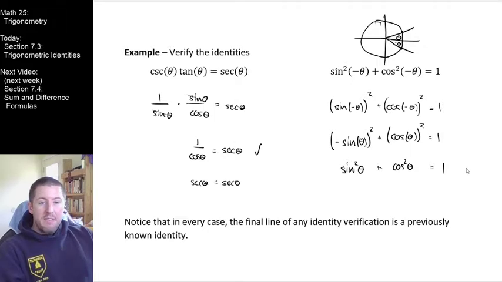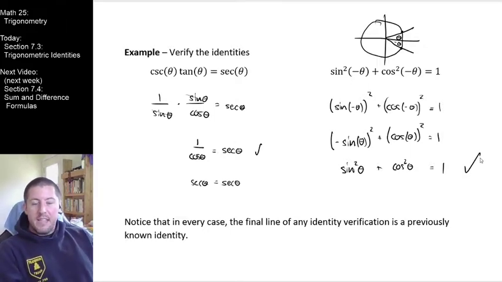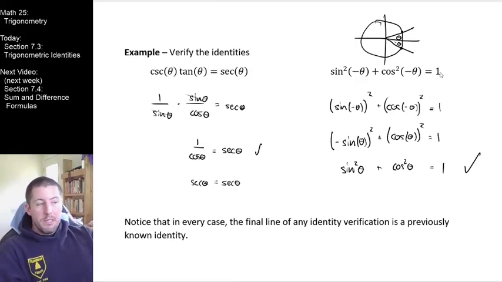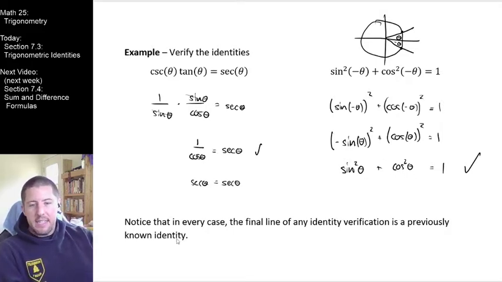Now we have arrived at a standard form of a previously known identity. We've arrived at the exact structure of our Pythagorean identity, and therefore I have shown that these are exactly equal to each other, that this is a good identity right here. It's because I was able to manipulate this into looking exactly like a previously known identity, right?